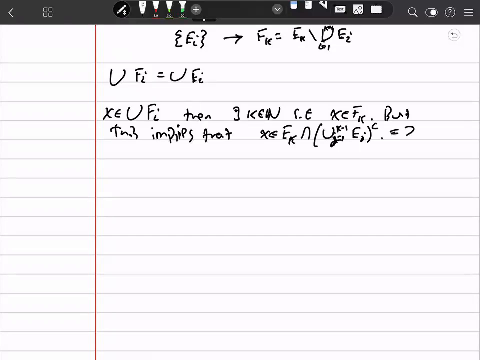But this implies that x is in E sub k, which of course implies that x is in the union of the E sub i's. It's good. So we have the first conclusion: the union of F sub i is a subset of the union of E sub i.